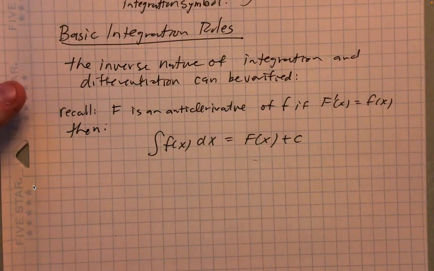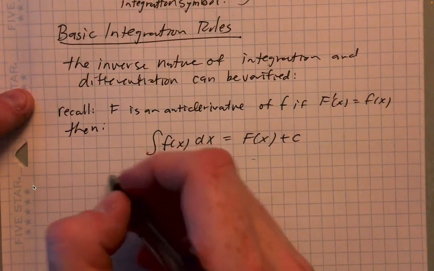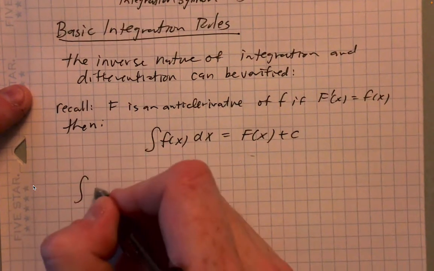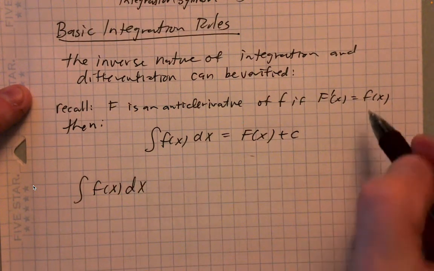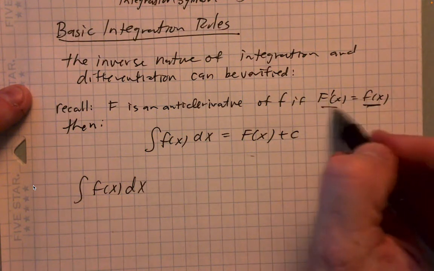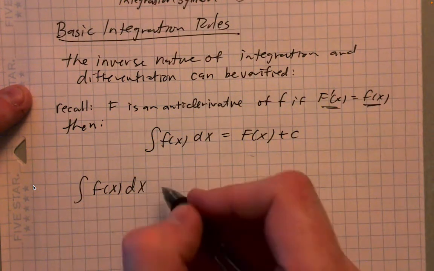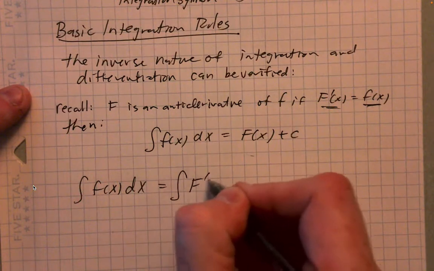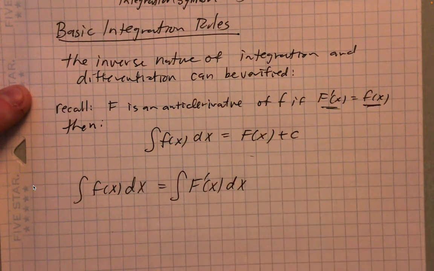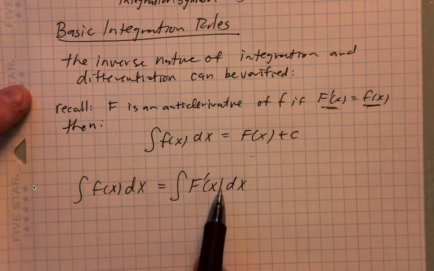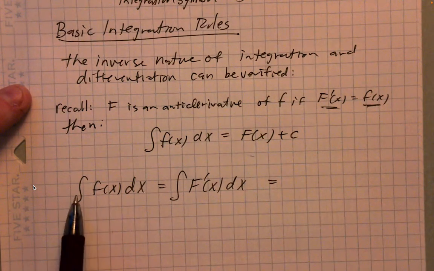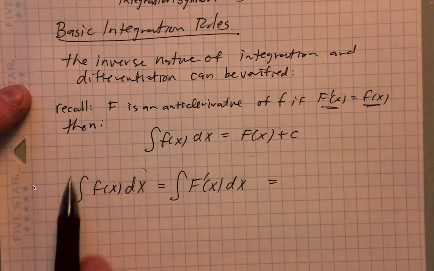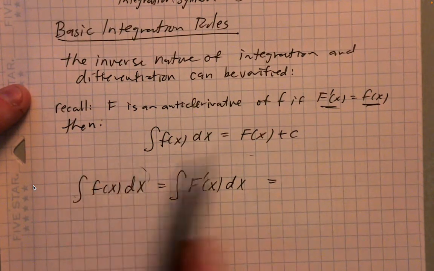So taking this piece here, okay, well, we know this, right? So we know that little f of x is equal to big F prime of x, right? So, right, that works, just substituting those two. Okay, and we know, of course, that this is true. This thing here is equal to this, right?